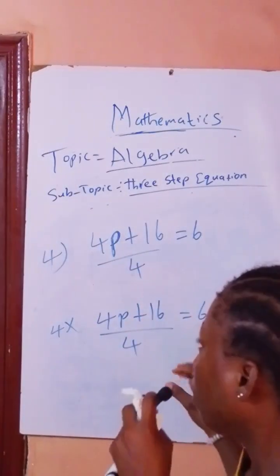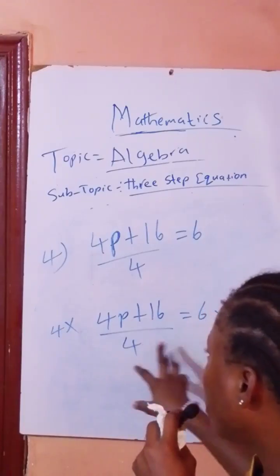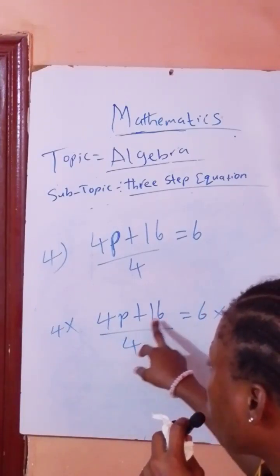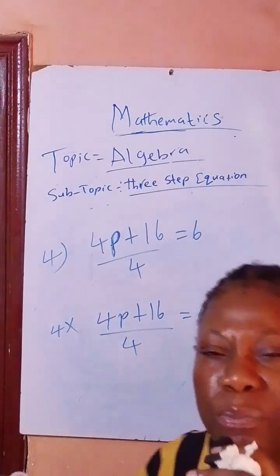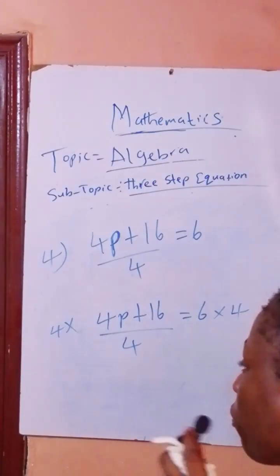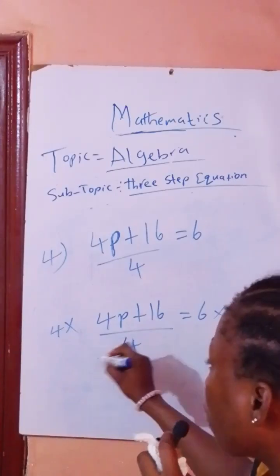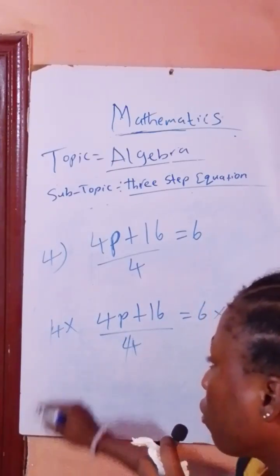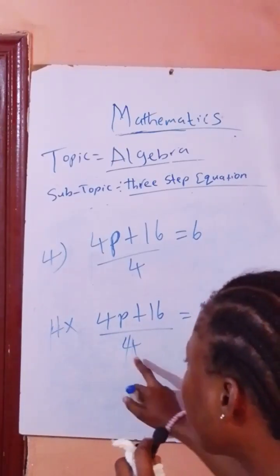You understand what I did here? 4p plus 16 over 4. I multiply both sides by 4 so that we can eliminate this 4. Then we cancel. This 4 cancels this 4, so this 4 is now out.